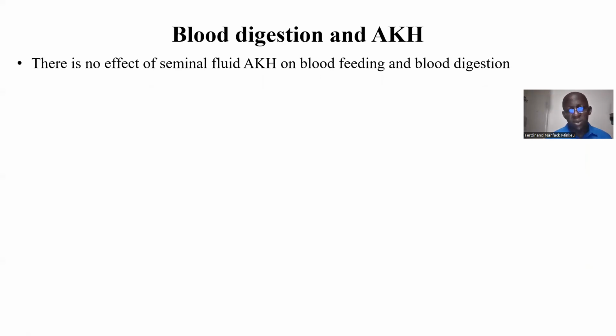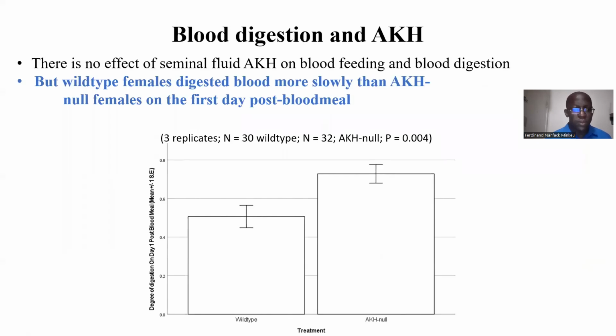Unfortunately, we didn't see any effect of the seminal fluid AKH on blood feeding, but we did see an impact on the blood digestion. You can see, for example, these figures.